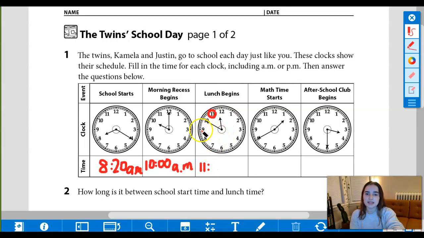I know this 9 is 45, so the 10 tells me that it is 11:50. We haven't reached noon yet, so we are still in AM. But remember, right when we hit 12 o'clock in the middle of the day, it changes to PM. So make sure you're noting that with these last two times.